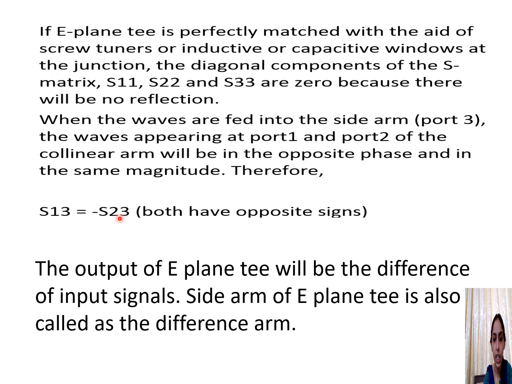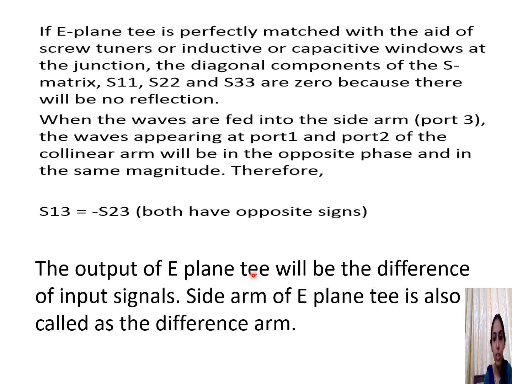So how can we write the S matrix? S13 will be equal to minus S23. That is the 180-degree phase shift, so both will have opposite signs. Either S23 may be negative or S13 may be negative. That is what we imply by this equation.